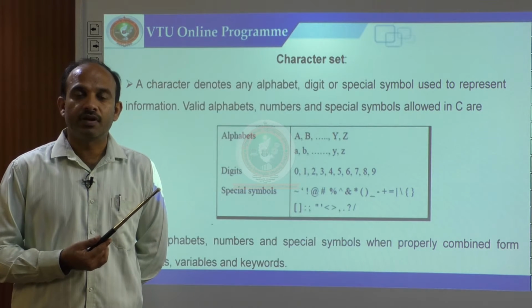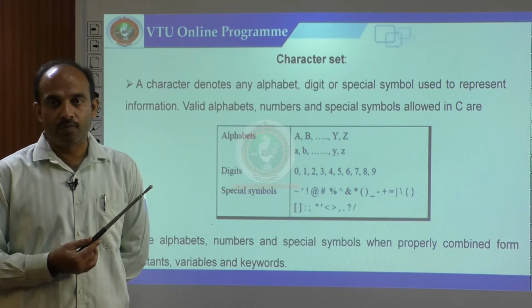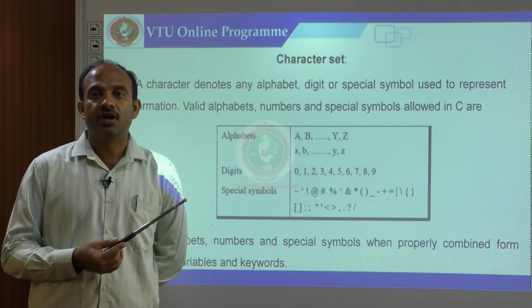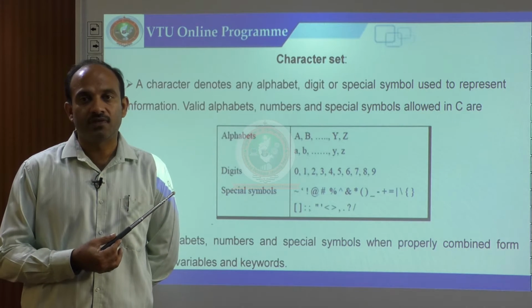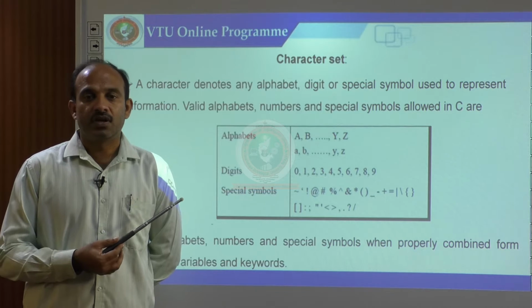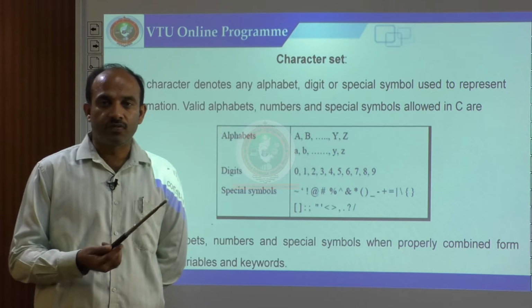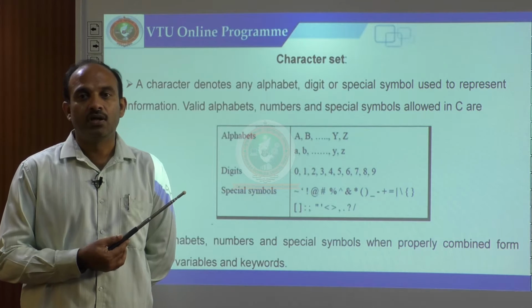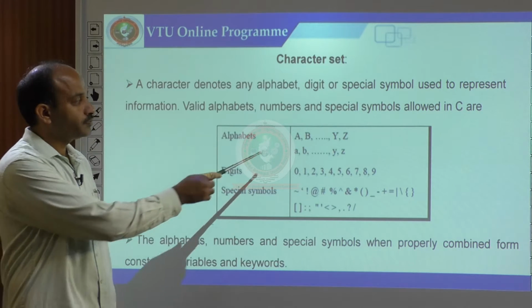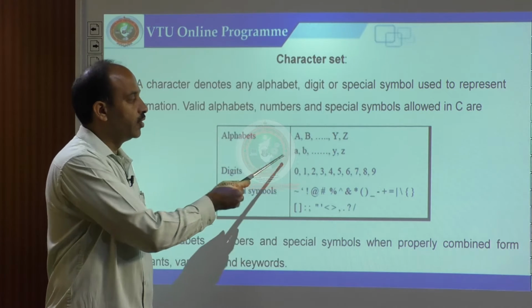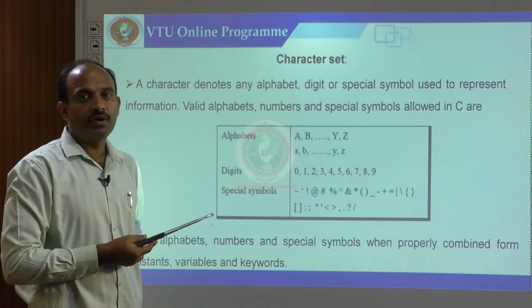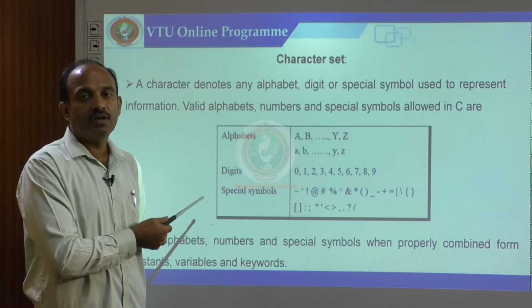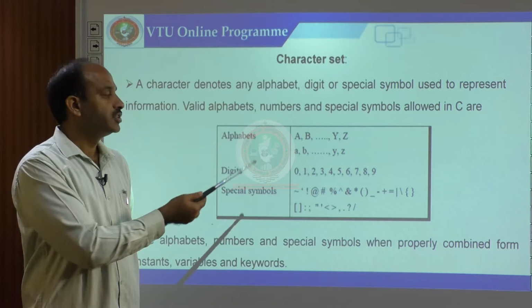Most of the time, a high level programming language consists of all these characters. If it is an alphabet, then of course we have all the upper case and lower case, that is A to Z and lower case a to z. It all comes under alphabet. If it is a digit, or we call it numeric, it is 0 to 9.